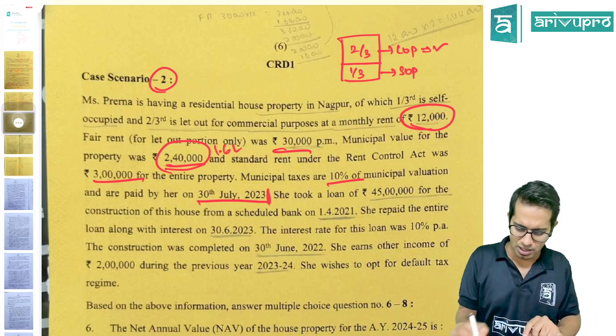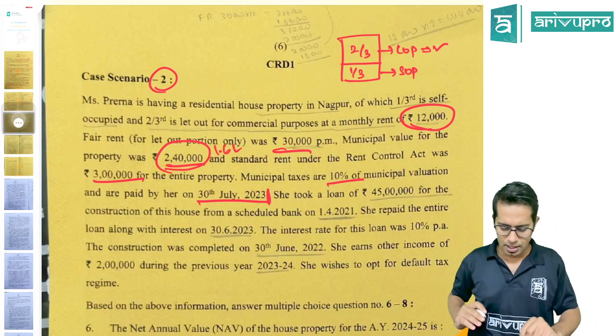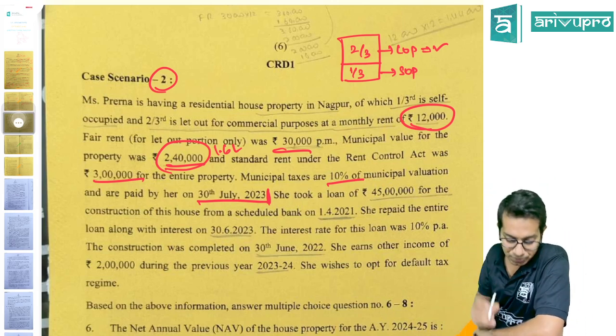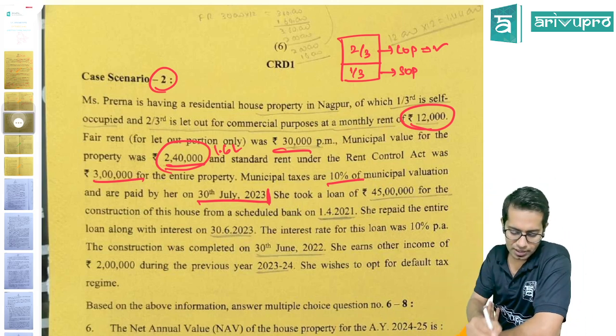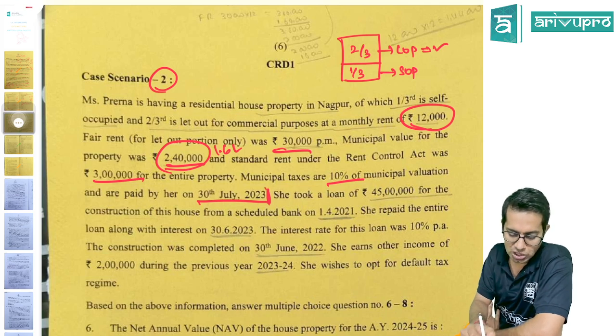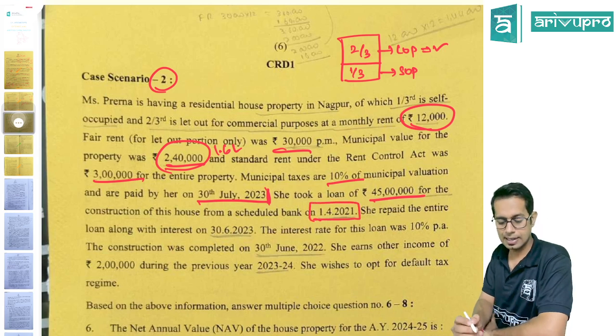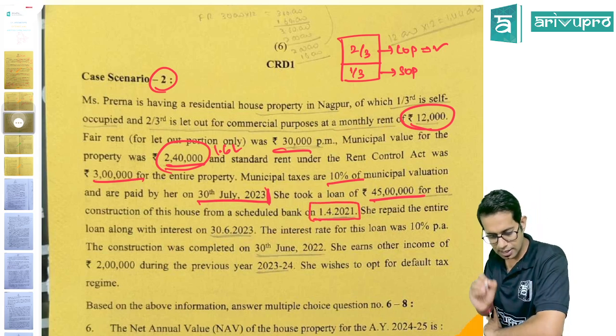I will not break too much into the provision, or else it will unnecessarily create confusion for you if you don't know the provision. Then she took, okay, so we have read the question till here. She took a loan of 45 lakhs for the construction of this house on 1st of April 2021.